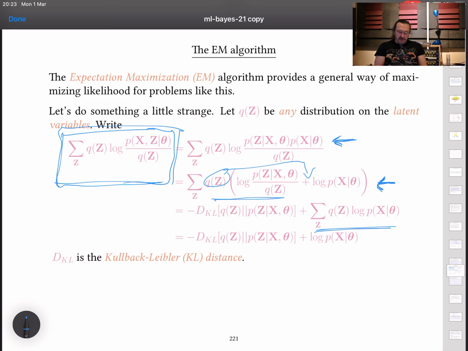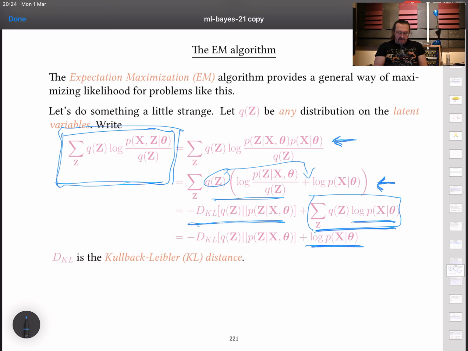The third line gives me this guy here, which I'll come back to in a second, and this expression. It's a sum over z, and log p of x given theta doesn't depend on z, so we take it out. Then we've got the sum over z of q of z, and q of z is an arbitrary distribution, so it sums to 1. We're just left with log p of x given theta here.